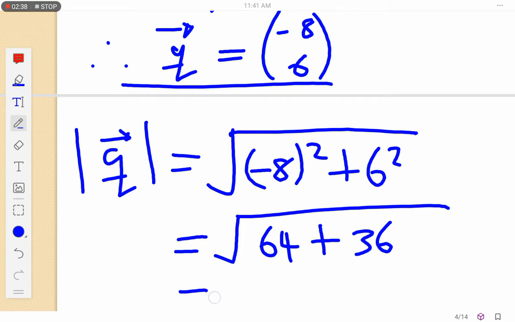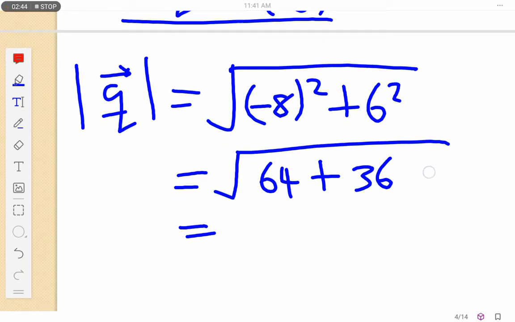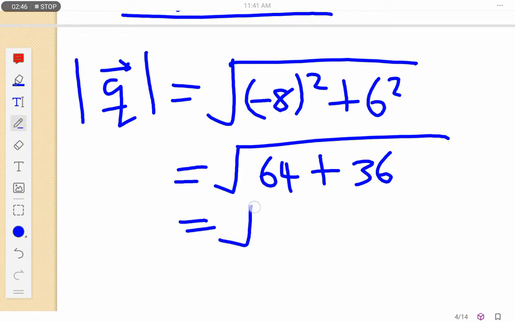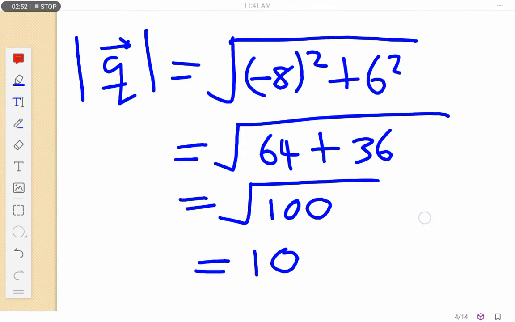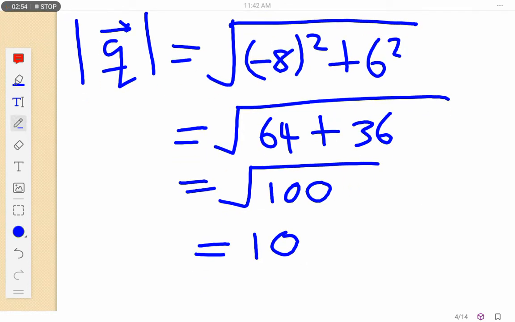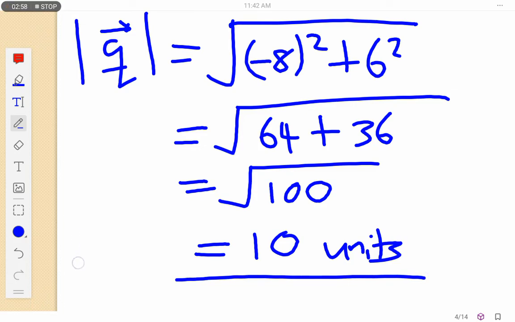Then if we add these two, we get 100 there. The square root of 100 is 10. So our magnitude of q is 10 units. Don't forget to write the units. So this is the answer that we have.